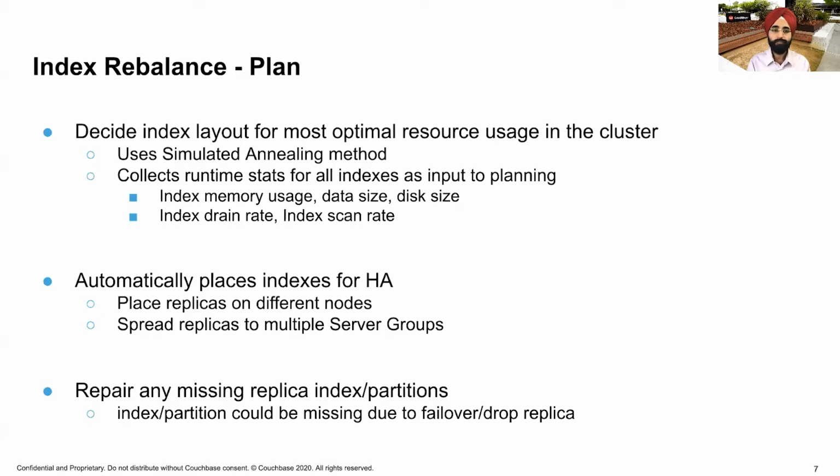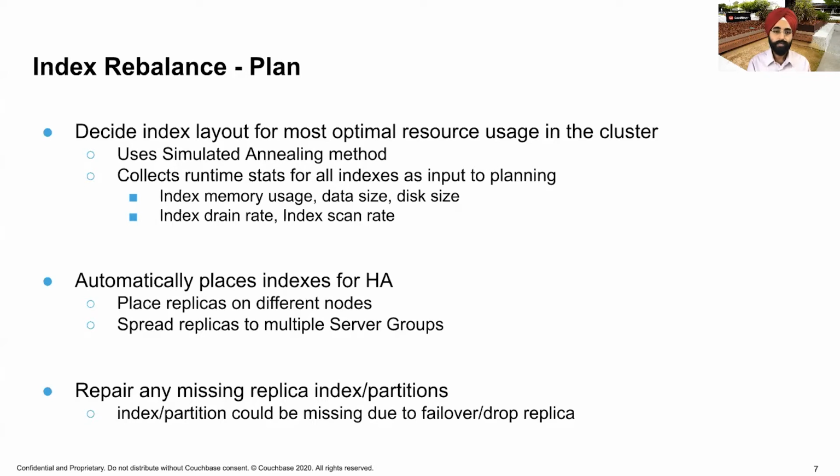And indexer will collect the runtime stats for all indexes as an input to planning. So that would include the memory usage, data size, disk size, and also the drain rate and the scan rate of the index. So most frequently used indexes would have higher scan rate, and thus indexer would try to place them on nodes which have more resources.